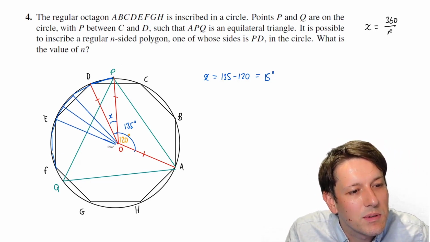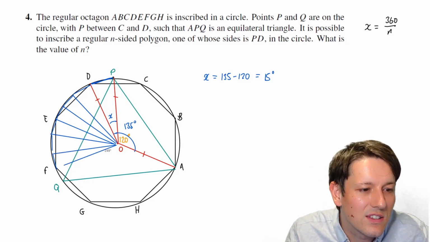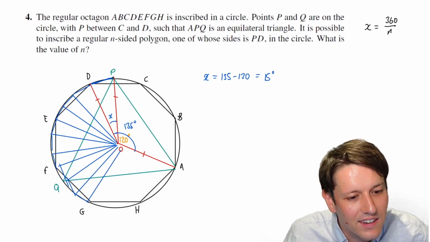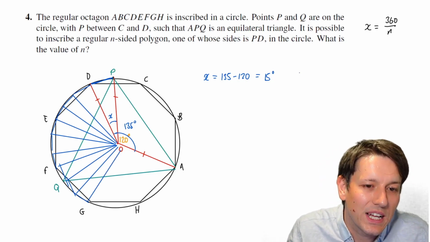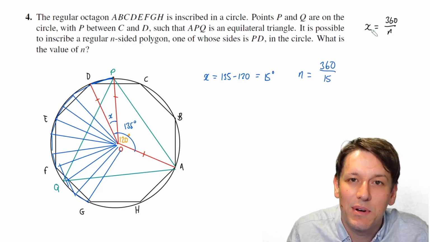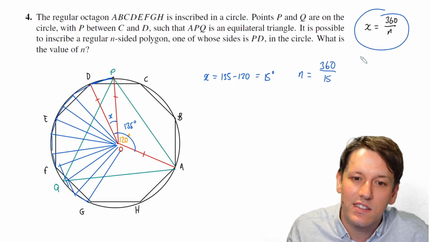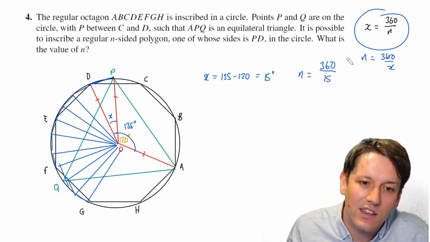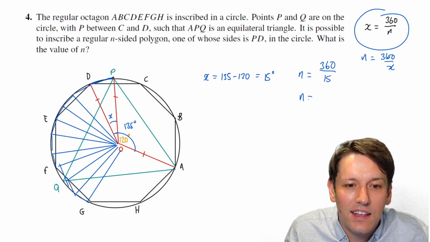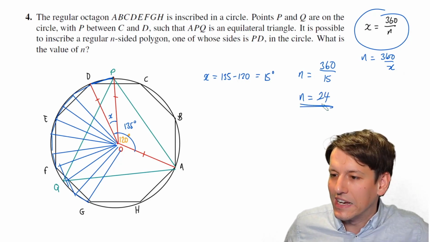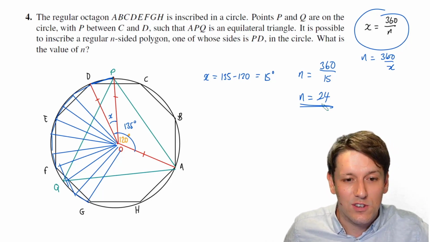If I imagine splitting that polygon into all of these congruent triangles, then by exactly the same argument, we'll have that the number of sides is equal to 360 divided by 15. That's just a rearrangement of this formula to say that n is equal to 360 over x, and 360 divided by 15 is 24, and so that's the answer to this question.